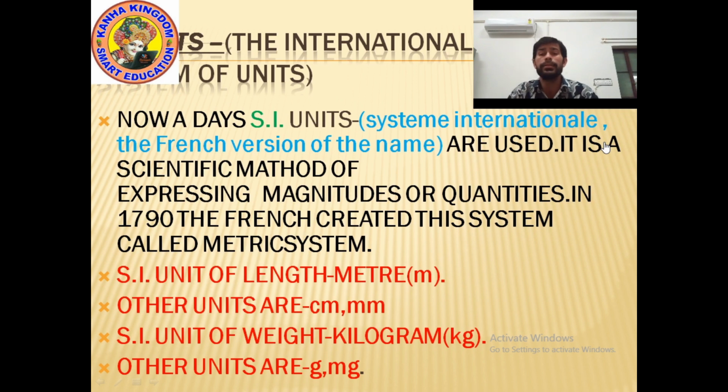To measure length we use meter. Meter is an SI unit. Other units are centimeter, millimeter. And to measure the mass we use kilogram. Other units are gram, milligram. These are the units we use in present time.